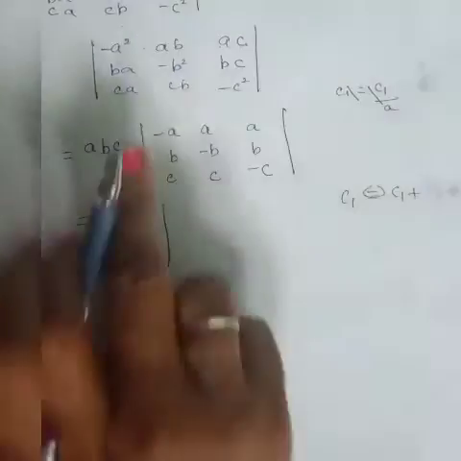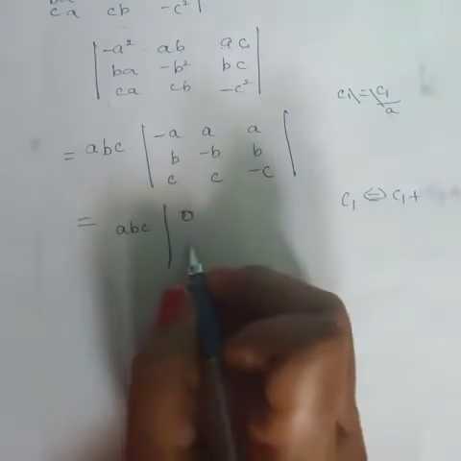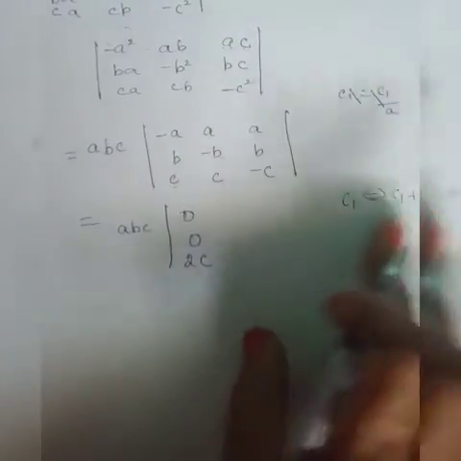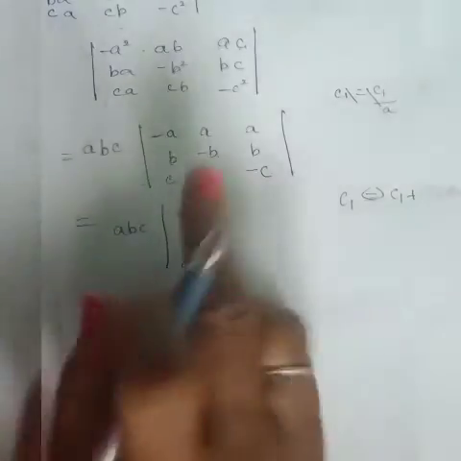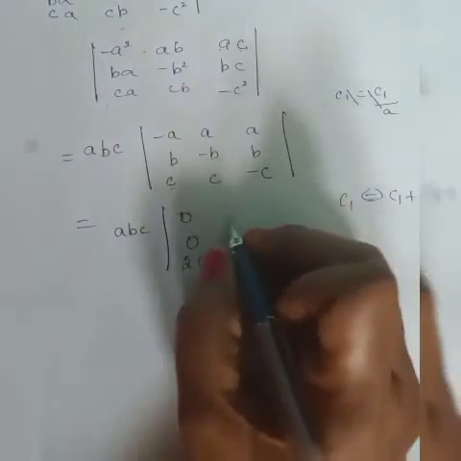When I add these two, I get 0. When I add these two, I get 0. C plus C, 2C. You can even do any other operation, like C1 is equal to C1 plus C3 also.